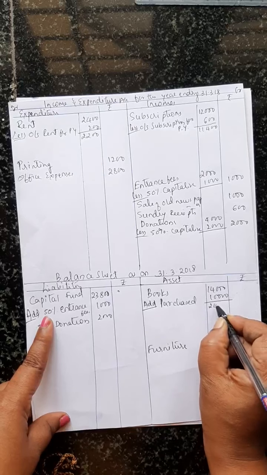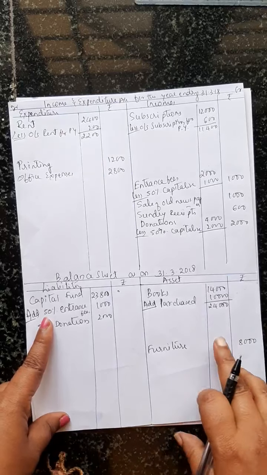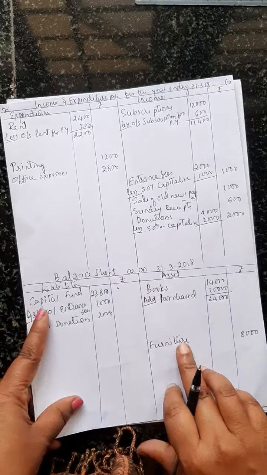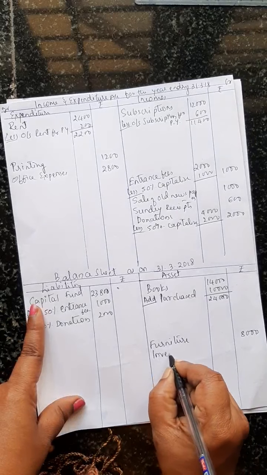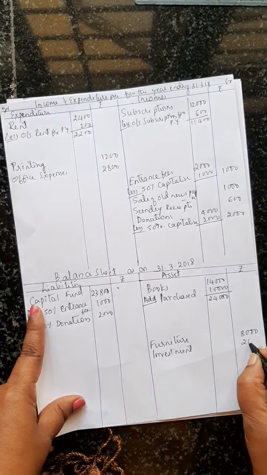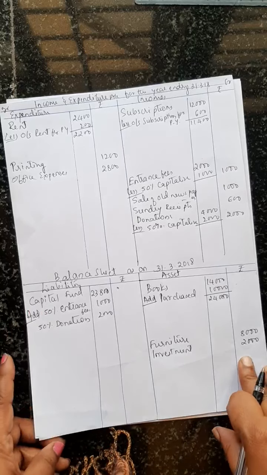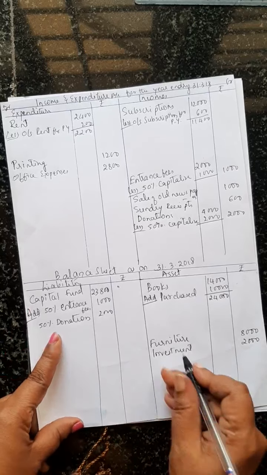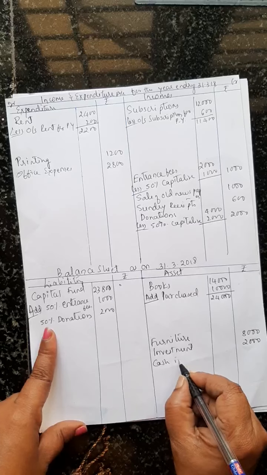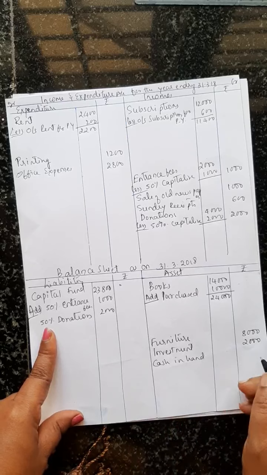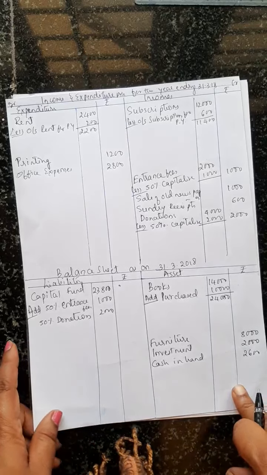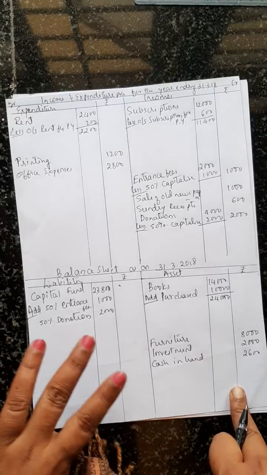Write in the inner column itself, because we have to deduct the depreciation on this, right? So total 24,000. Then investment, we have it as an asset, 2000, directly in the outer column, because no other adjustment is related to this. Then we have cash in hand. Closing cash balance should be written here, write it beforehand, otherwise there is a chance of forgetting. 2600. Right, so we have taken all the payments also.